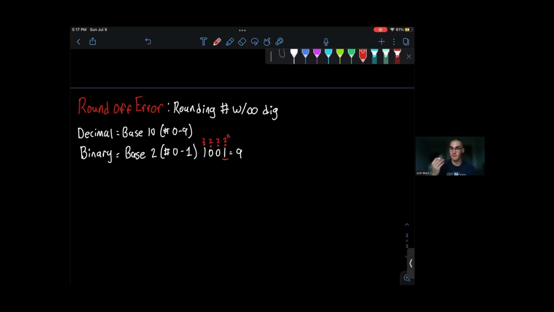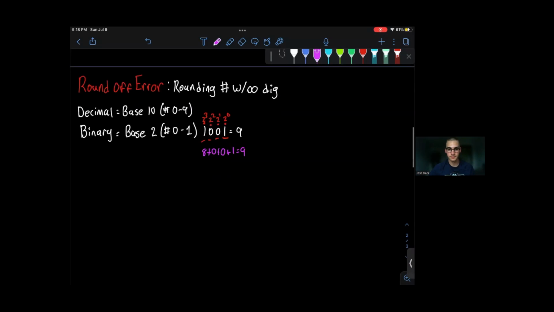The second one to the 1, the third one to the 2, and the fourth one to the 3. From there, we add all the numbers together. So we will get 2 to the 3 is 8, plus 0, plus 0, plus 2 to the 0 times 1 is 1. That's equal to 9. After a lot of practice, this is very simple.